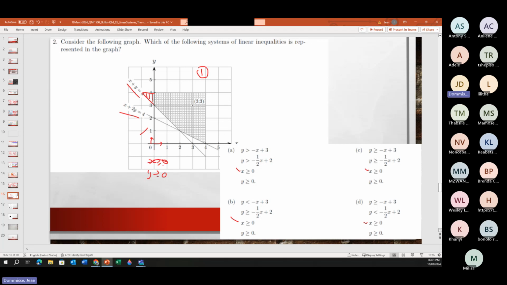So that then would not have been part of the equation set. Normally, we only work in the first quadrant.